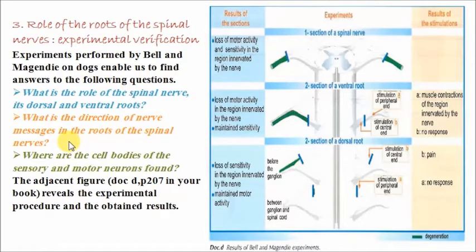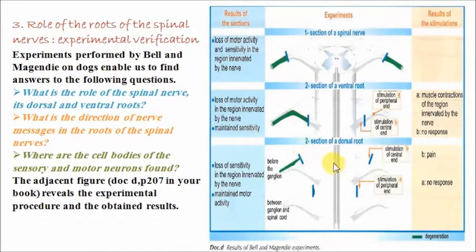I'm going to give you a quick summary of what we have explained. We have discovered so far that the spinal nerve is made up of motor and sensory fibers. According to the experiment, the ventral root is motor, because we have a loss of motor activity but maintain sensitivity.